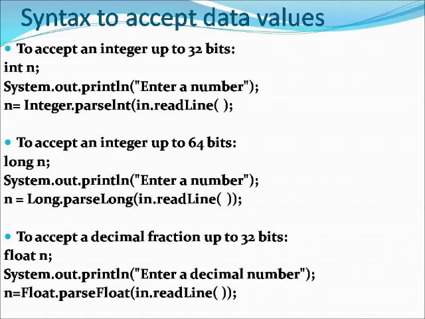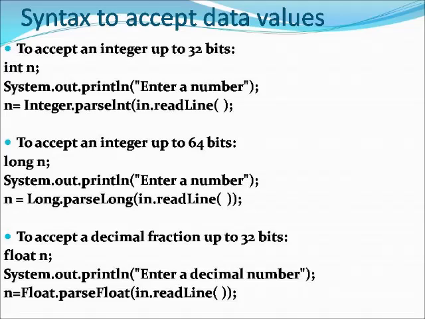So why do we need to use these parse methods to get an input from the user? The reason is that the input we get through the InputStreamReader class is of string type by default.